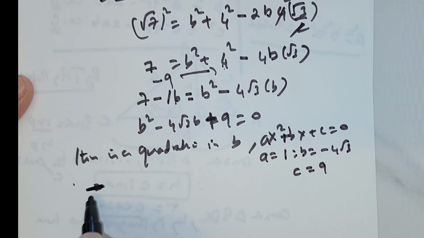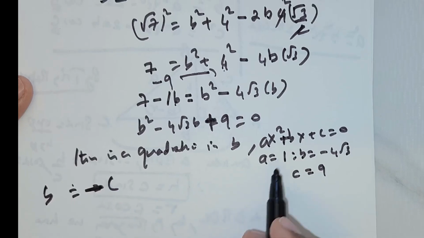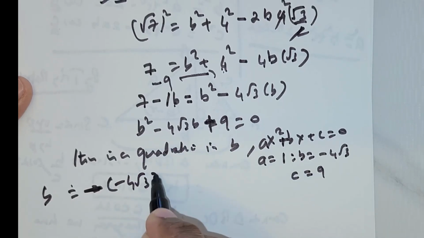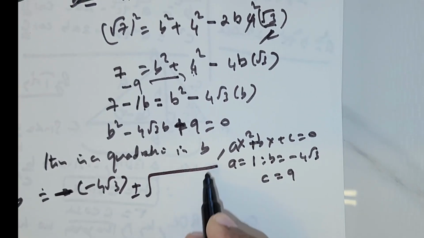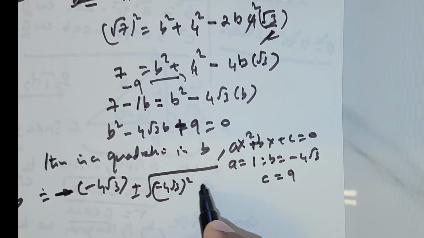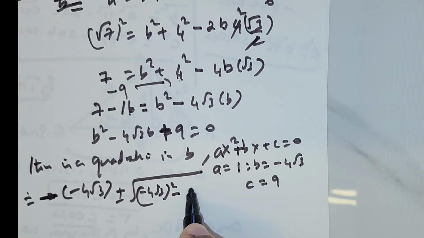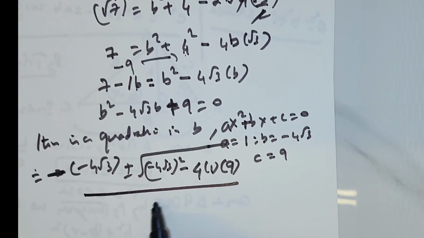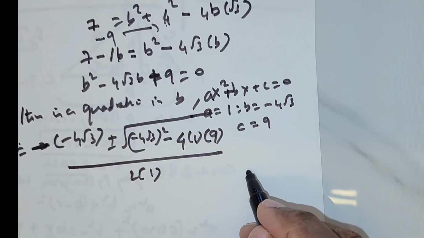So the formula is negative b plus or minus root of b squared minus 4ac, divided by 2a. My b value is negative 4 times root 3, b squared is negative 4 root 3 squared, a is 1 and c is 9, divided by 2 times a, which is 1.